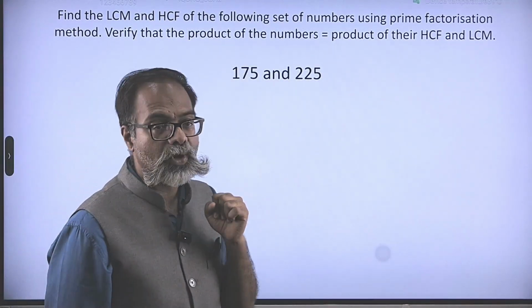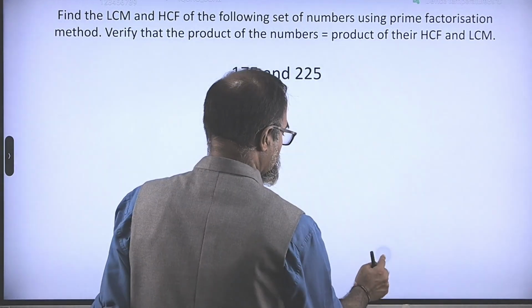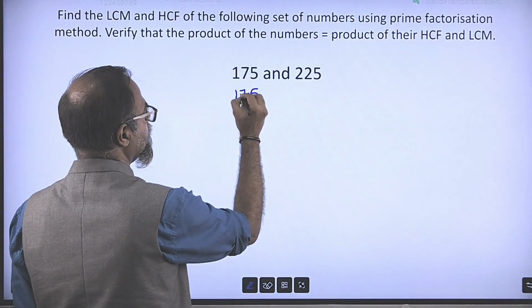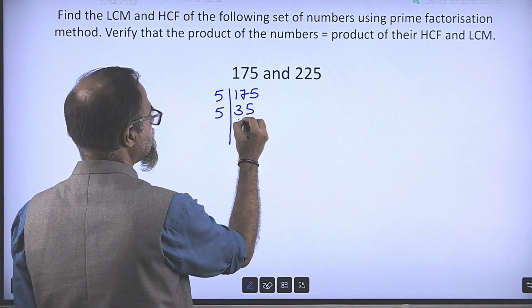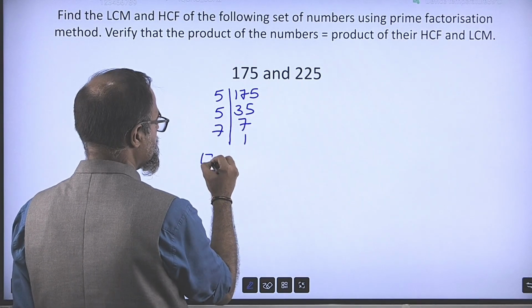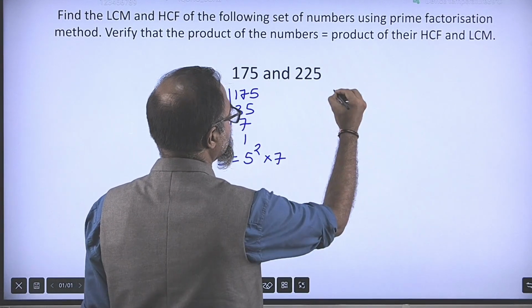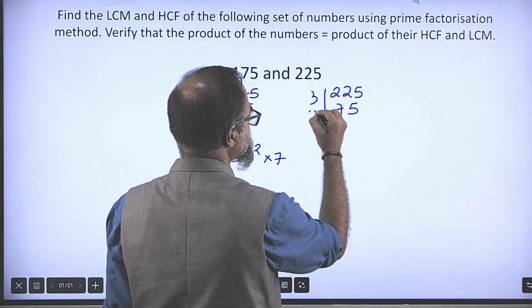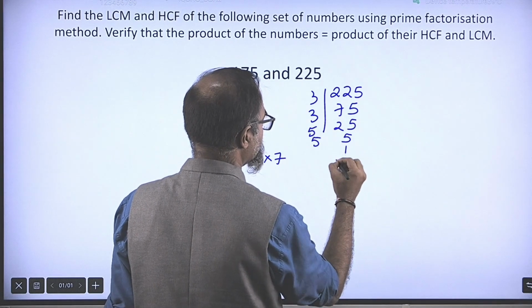Now, let's take a look at 175 and 225. 175 divided by 5: 5 3s are 15, 5 5s are 25, 5 7s are 35, and 7 1s are 7. So 175 is 5 square into 7. 225: 3 7s are 21, 5s, 3 2s are 6, 5s, 5 5s are 25 and 5 1s are 5.